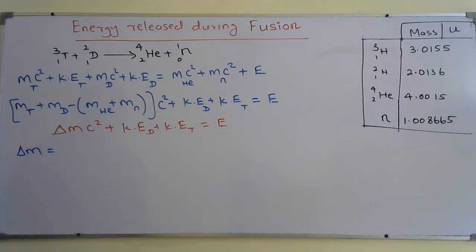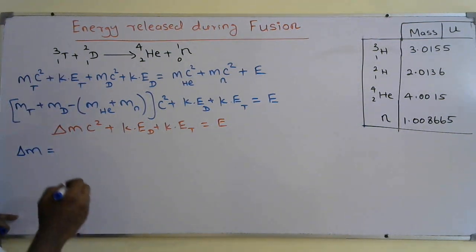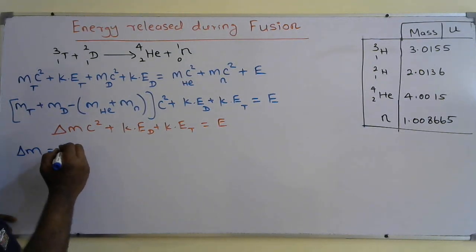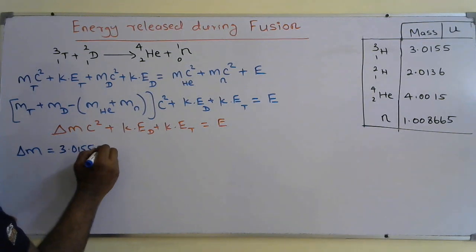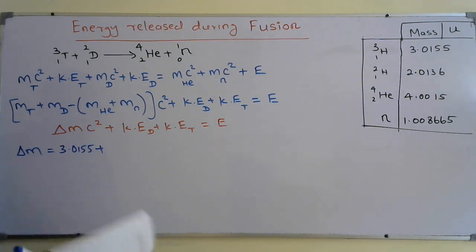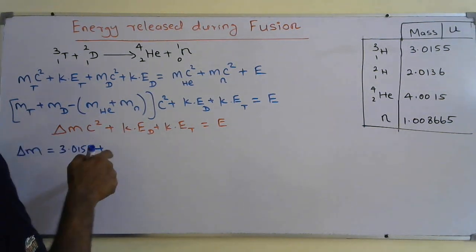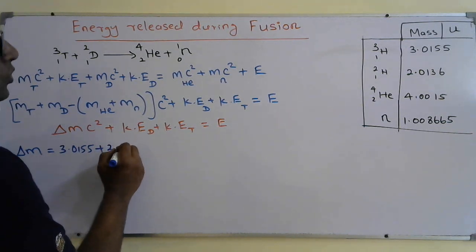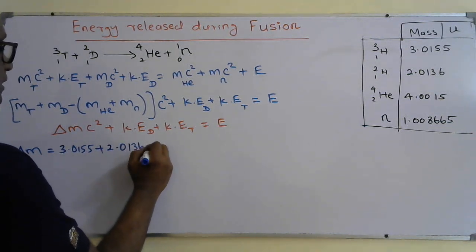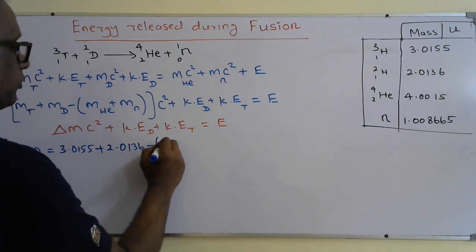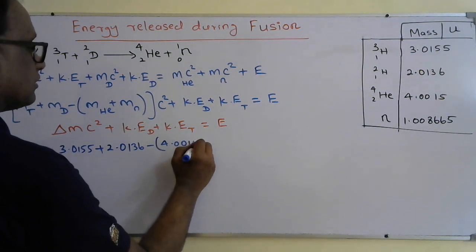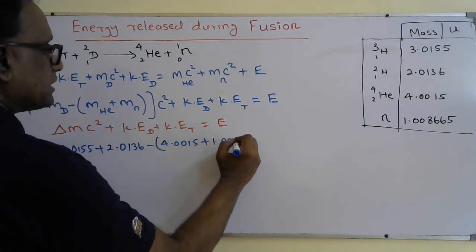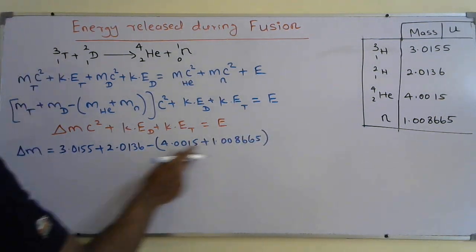Substituting: mass of tritium 3.0155, mass of deuterium 2.0136, minus mass of helium 4.0015 plus mass of neutron 1.008665, in unified atomic mass unit.